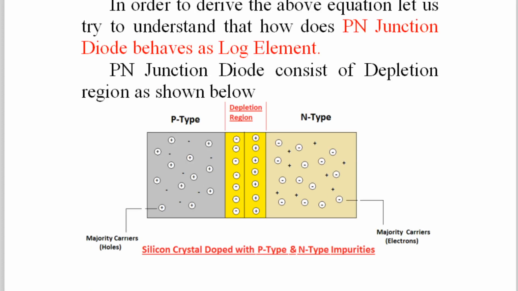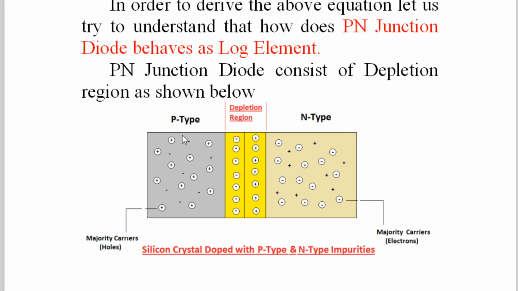All of you know the basics of a PN junction diode. A PN junction diode consists of a depletion layer as shown below. As the name suggests, P-type semiconductor material and N-type semiconductor material are combined to each other, and at the junction of the P-type and N-type material at room temperature, the formation of a depletion layer takes place.